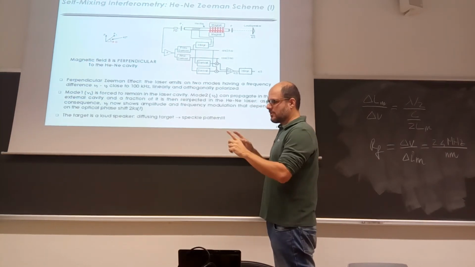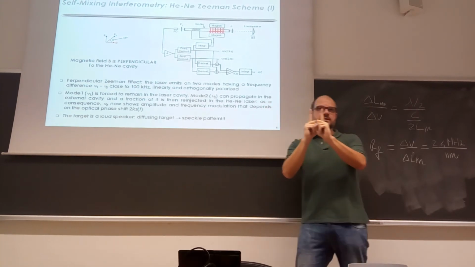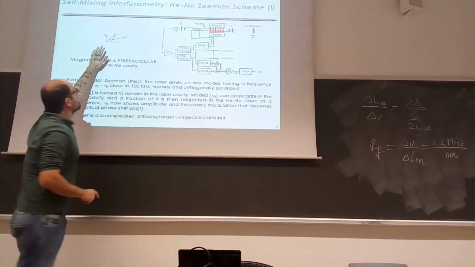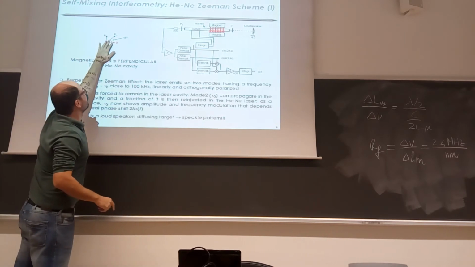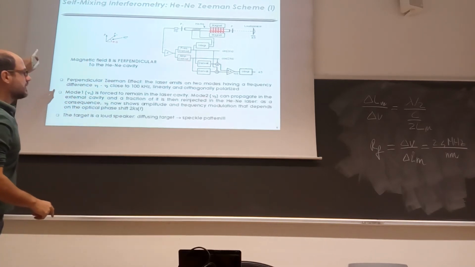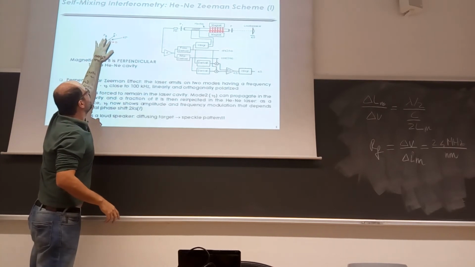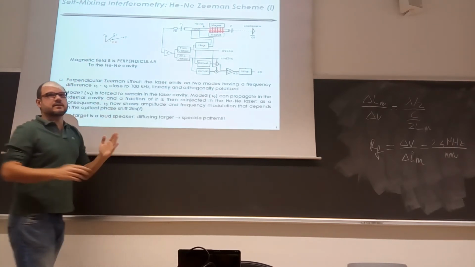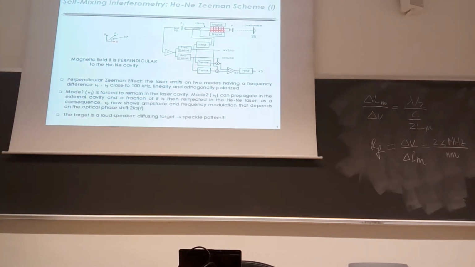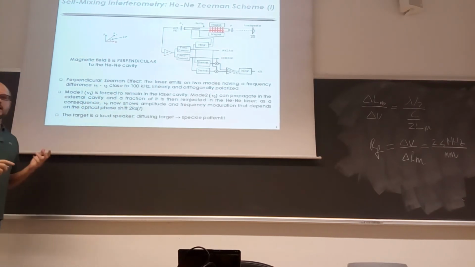Then, since you have two optical beams whose optical frequency difference is more or less 100 kilohertz, you can use a second polarizer at 45 degrees with respect to mode 1 or mode 2. This is mode 2 and this is mode 1. You can take part of both beams, and then down-convert the amplitude and frequency modulation that the second mode sees onto a carrier at a frequency more or less close to 100 kilohertz.